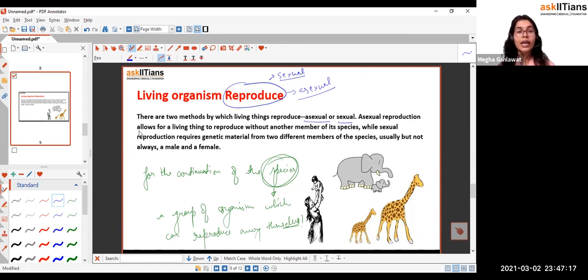Asexual reproduction happens without another member of the species, basically one parent. Whereas the sexual reproduction requires the genetic material, which basically is the DNA, which is found in the nucleus of the cell, from two different members, okay, a father and a mother, right?